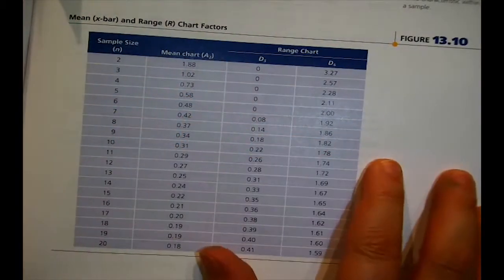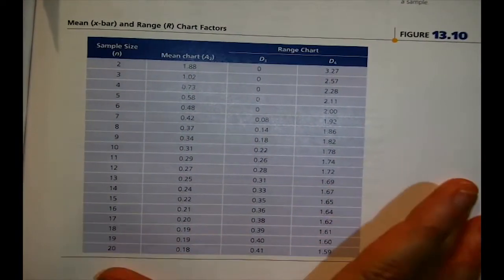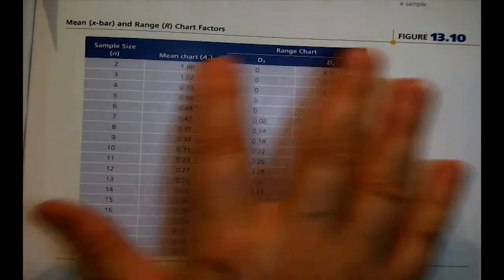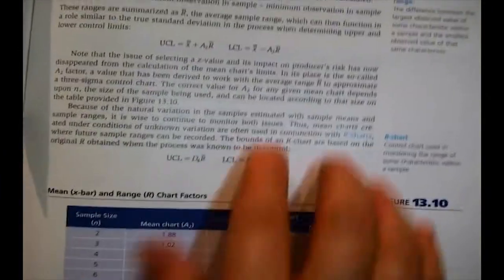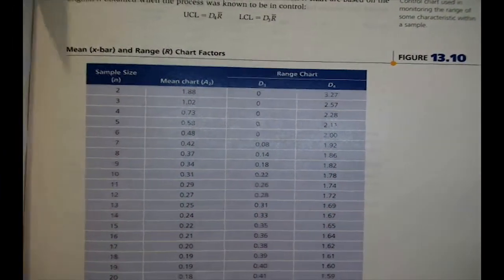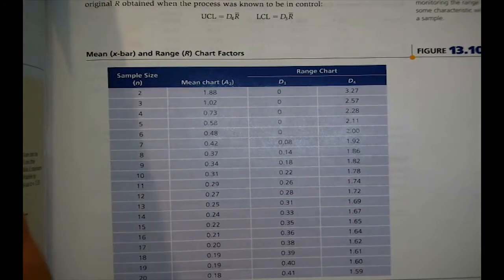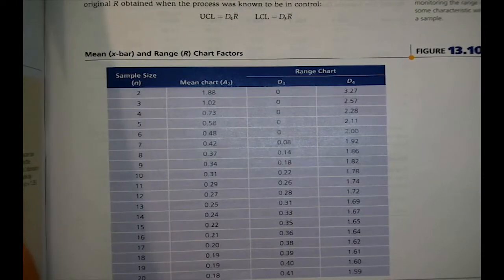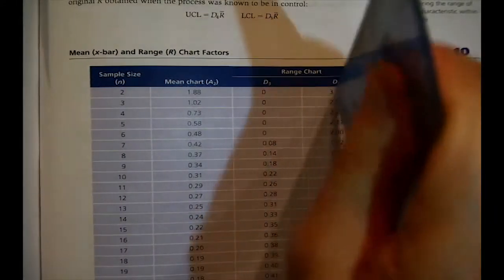Maybe not in this particular book, but this was the chart. Because you can see for a mean and range chart, there's a variety of factors that you need, the formulas as they appear in the book, and you can get them off of this particular table. Now, D4 is the last column here.